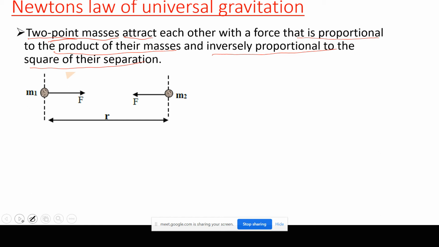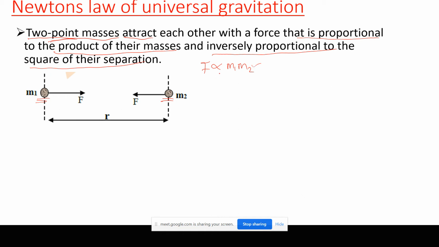So Newton's law of gravitation is telling us that the force between two masses, I will use F for the force, is directly proportional to the product of the masses. I have considered two masses, M1 and M2. According to Newton's law of universal gravitation, the force between two masses depends on the product of the masses.